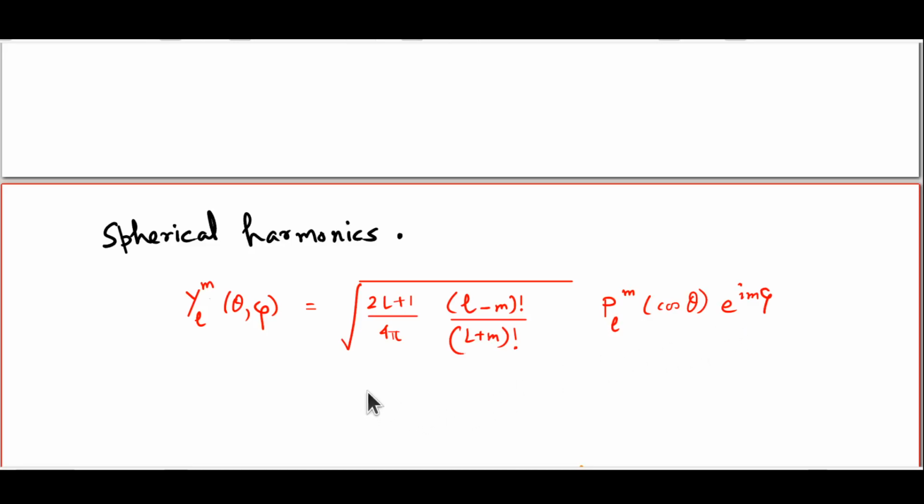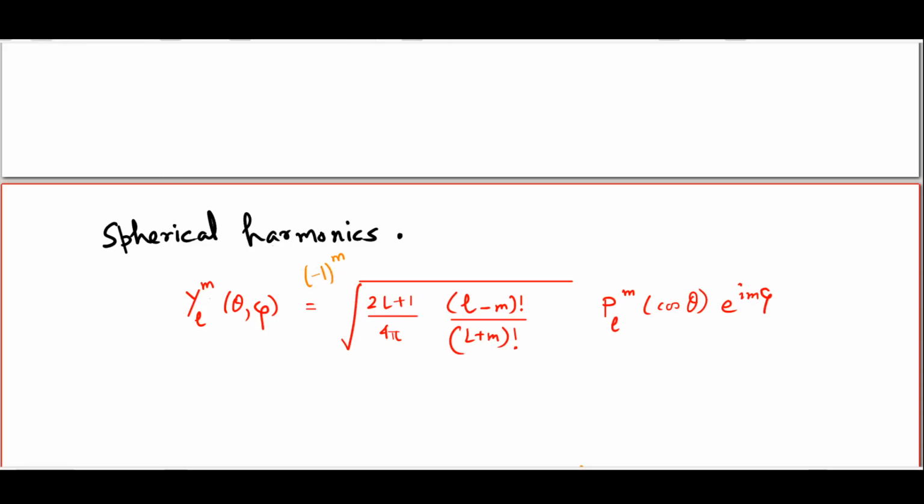In addition, you have a rather nasty looking factor in front. Now let me also warn you that some authors put in a -1 to the power m here. The ones who do not use the Condon-Shortley phase in the definition of PLM cosine theta, they put in the Condon-Shortley phase here.